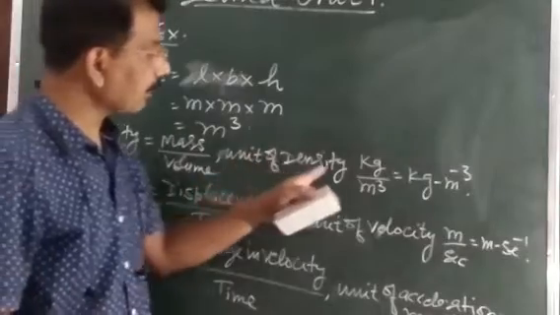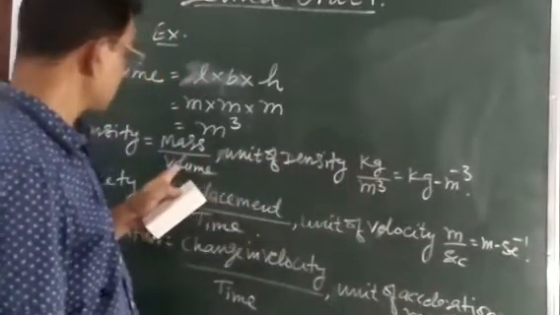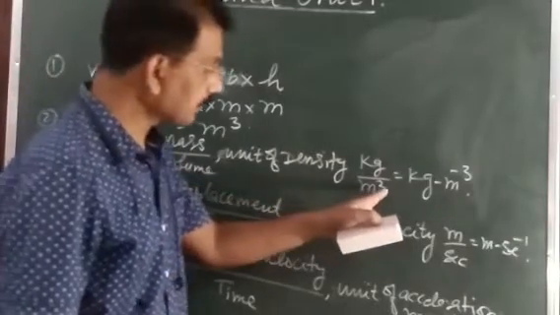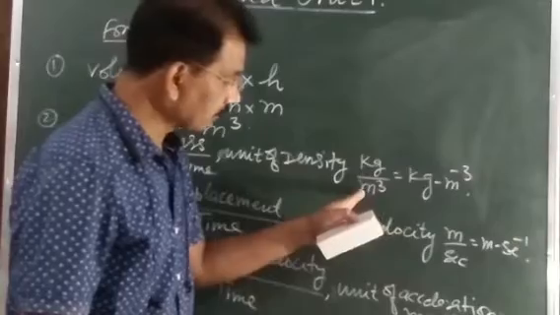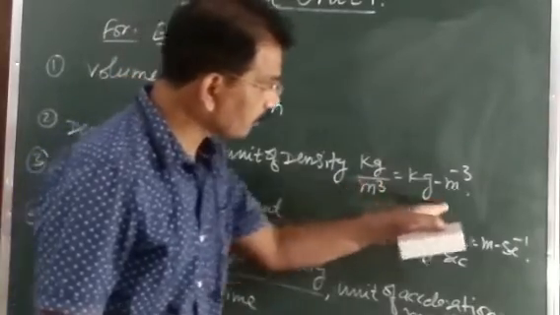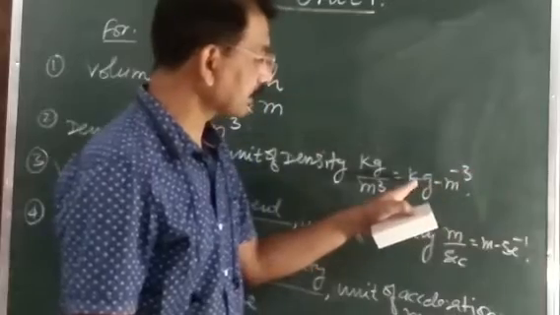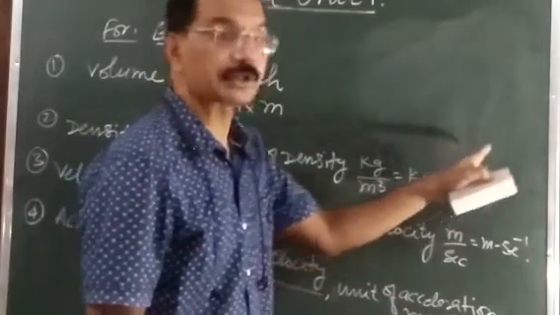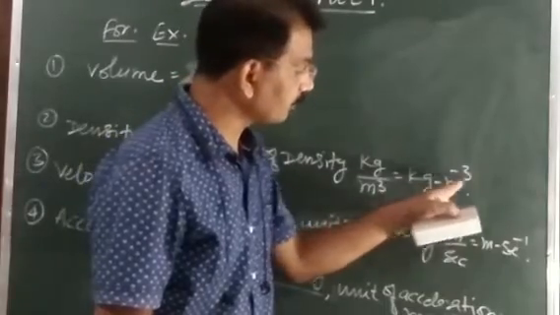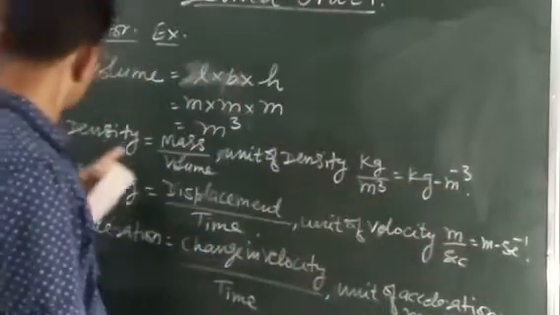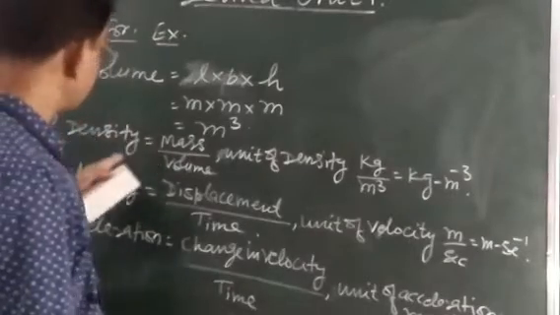So the unit of density you can write as unit of mass, kilogram, and unit of volume, meter cube. So kilogram per meter cube. When you take this meter cube in the denominator to the numerator, it becomes meter to the power -3. So you can read here kilogram per meter cube. It means kilogram per meter cube is the unit of density, which is a derived unit.